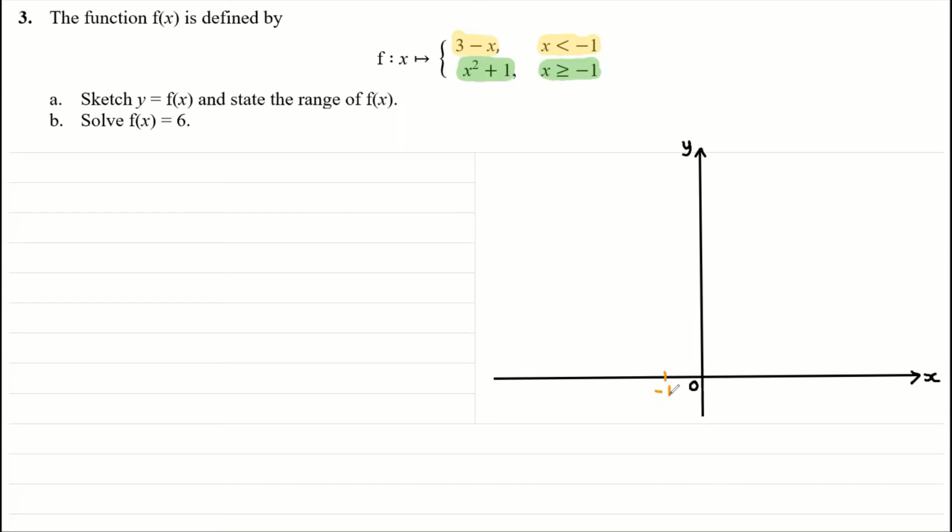So that's a point of interest. And let's see what happens. So if I sub in -1 into these rules, well, we're going to have 3 subtract -1. Okay, so subbing that value in. That's obviously going to be 3 plus 1, which is 4.